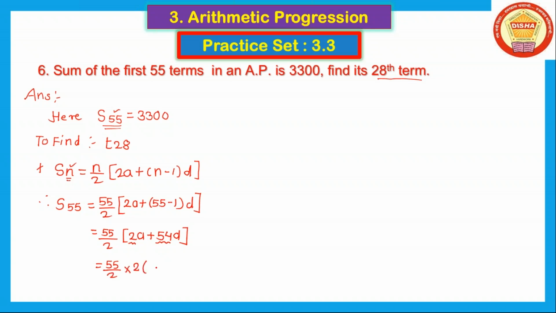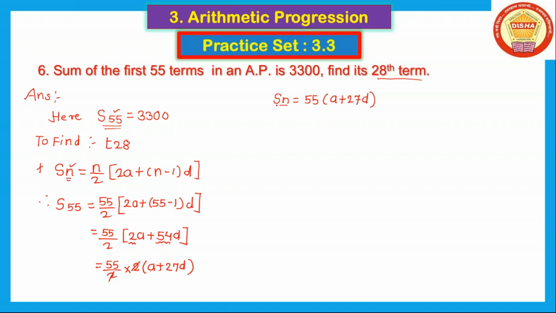So we write the remaining factors as a plus 27d. Means 2 into a is 2a, 2 into 27 is 54d. Then here 2 get cancelled, means Sn is equal to 55 in bracket a plus 27d.